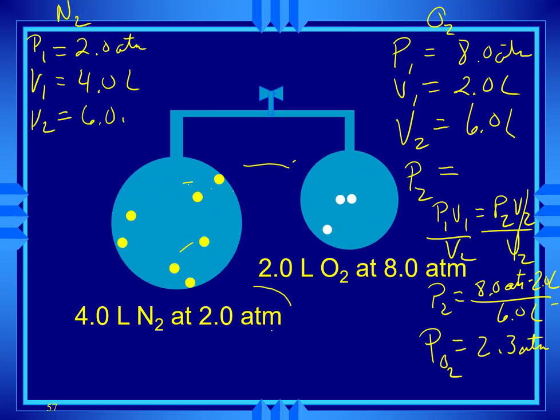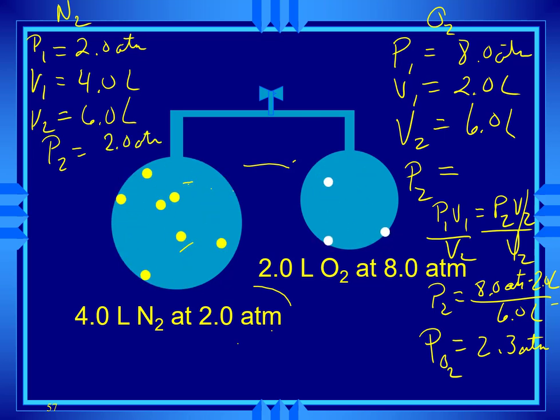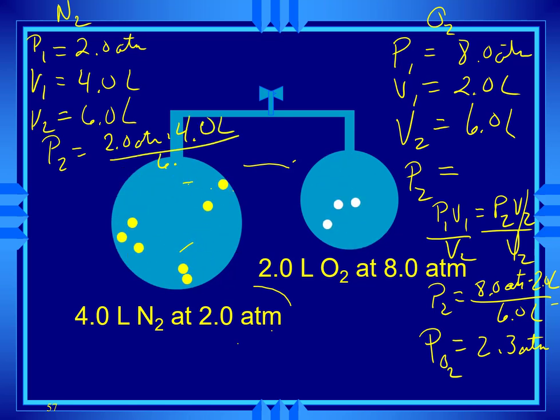So what would P2 be? Well, I've already done the equation over here, so I can just reuse it, that it would be 2.0 atmospheres times 4.0 liters divided by 6.0 liters. So P2 is 8 over 6, which is, no, it's 4/3. 1.3 atmospheres.